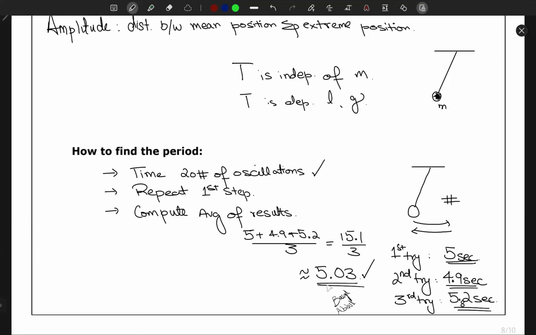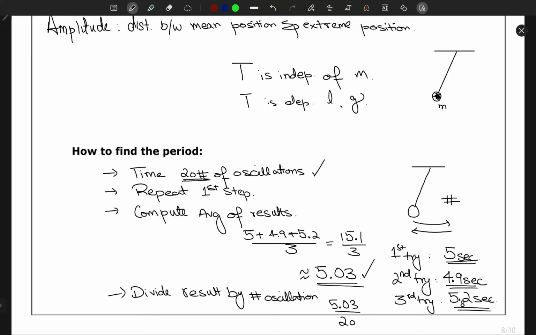And then of course, this is not the time for one oscillation. So this is not the time period at this point, because remember, this is the time for 20 oscillations. So I'll have to divide the result by how much? By the number of oscillations, right? So once I do that, that means that I'm dividing 5.03 by the total number of oscillations, which will give me the result for one oscillation.